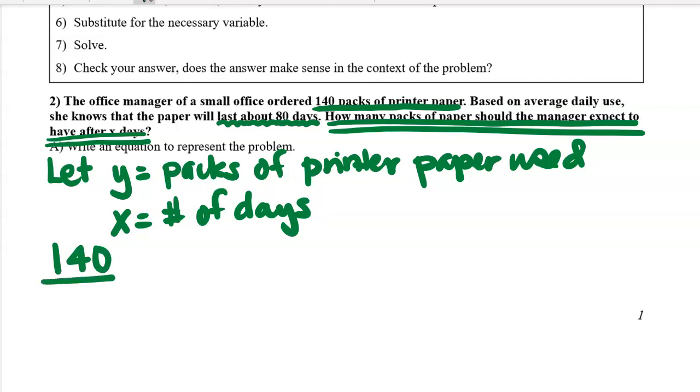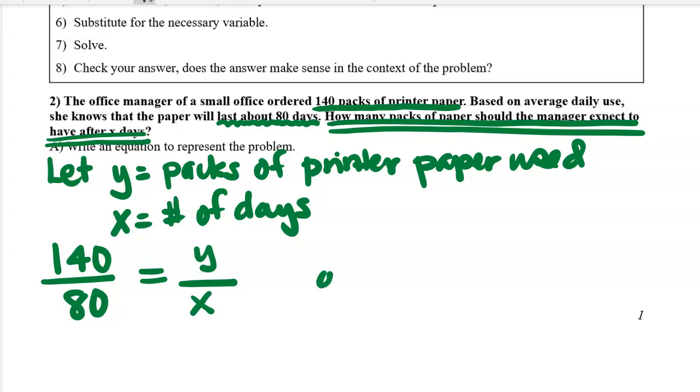Okay, yep, packs of paper ordered and used. Over 80. Is that okay so far? This equals 140 is on the numerator, and that is the packs of printer paper used. And we use Y for that. And then over the bottom, which is 80 days, and we use x. This is okay to have as an equation. Does that make sense so far?